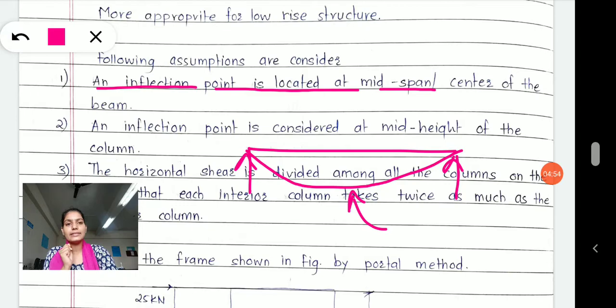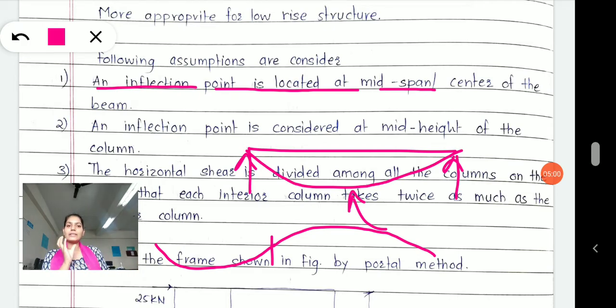When this elastic curve changes from concave to convex, the point where it changes its direction will be considered a point of inflection. You should not confuse it with the point of contraflexure. That comes in the bending moment diagram, where the bending moment changes its sign from positive to negative.